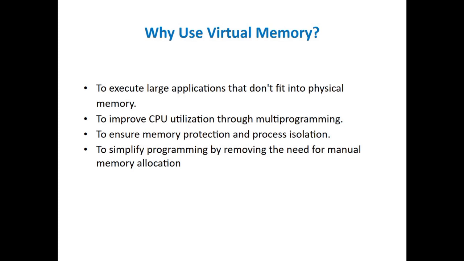To execute large applications that do not fit into physical memory. To improve CPU utilization through multiprogramming. To ensure memory protection and process isolation. To simplify programming by removing the need for manual memory allocation.